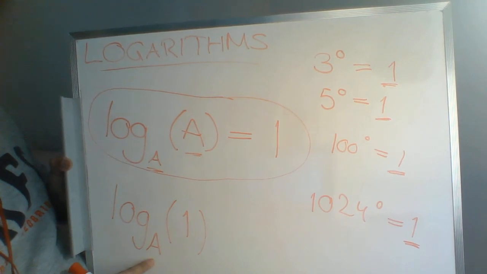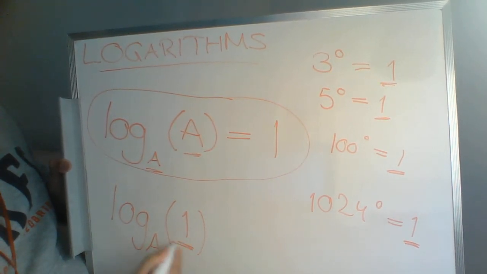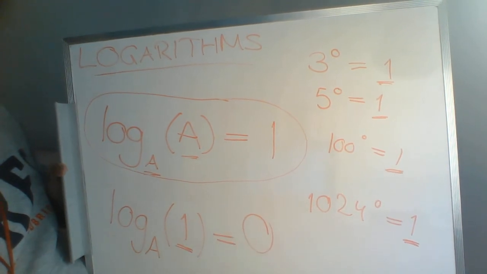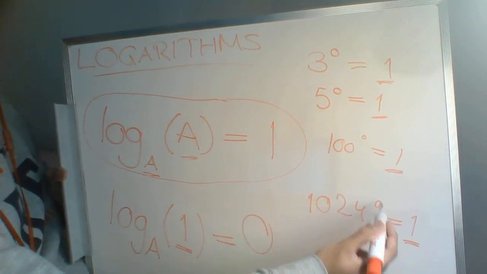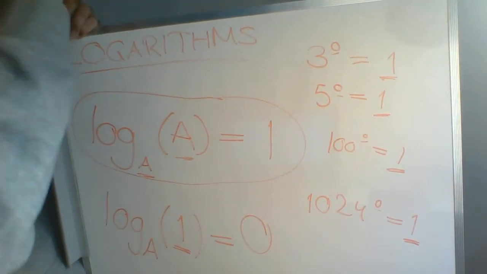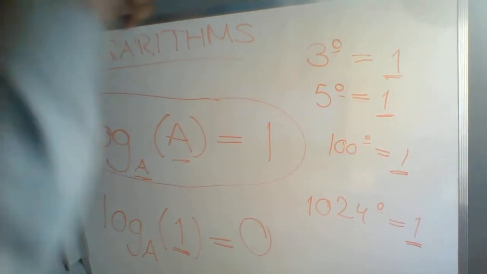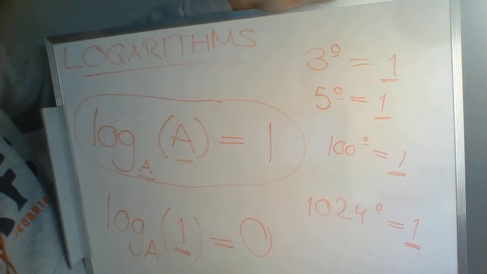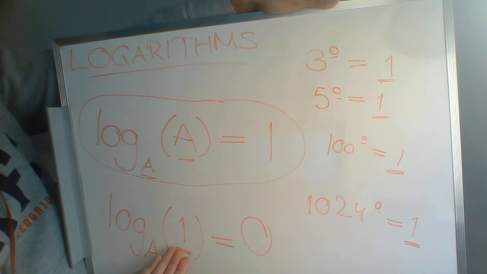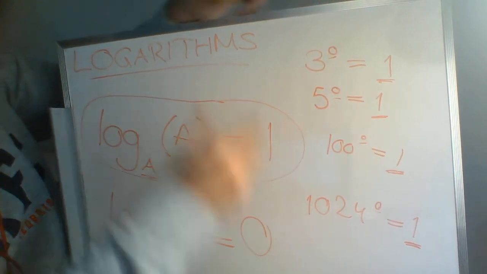Log of any base of the number 1 is equal to 0, because the 0 is that exponent in there, and that 0 is constant every time. Any number to the exponent 0 is equal to 1. And so log base a, any number, of the number 1 is equal to 0.